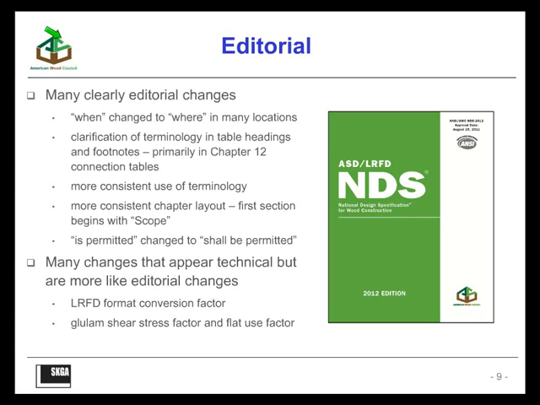There's consistent use of terminology related to the table headings and footnotes. And then within each chapter, there's more consistent layout of each chapter. One example is each chapter in the 2012 NDS now begins with a scope section. And then throughout the standard, "is permitted" is changed to "shall be permitted" in many cases.